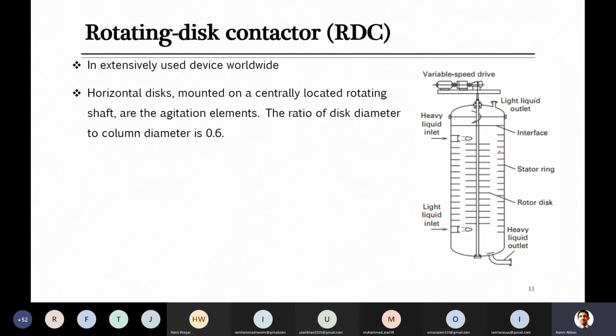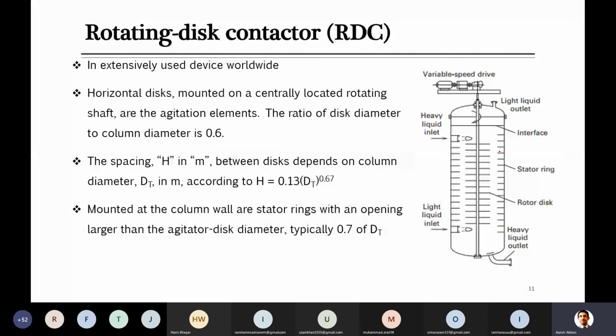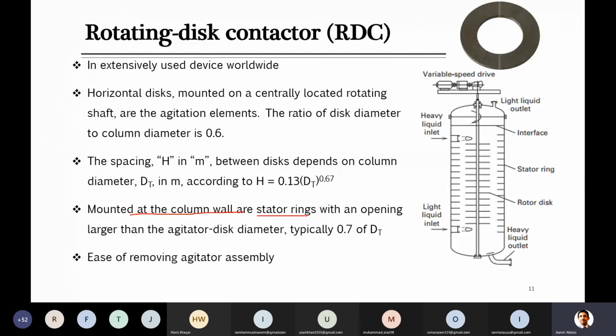So in order to avoid the liquid just passing through or escaping, there is another arrangement on the wall, which we call stator rings. A stator ring is simply a ring like this.